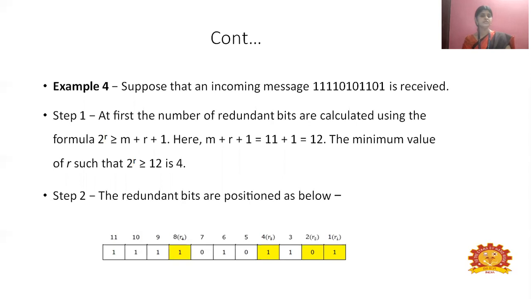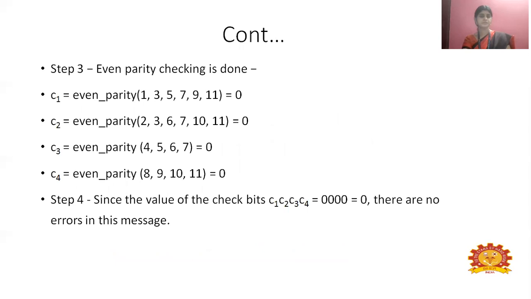Step 3, even parity checking is done. C1, the even parity of 1, 3, 5, 7, 9, 11, is equal to 0.